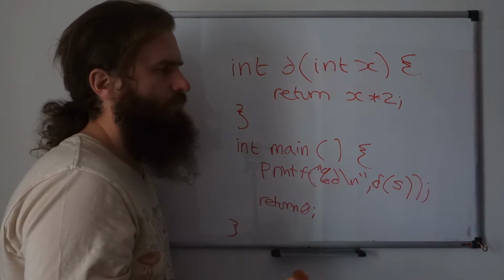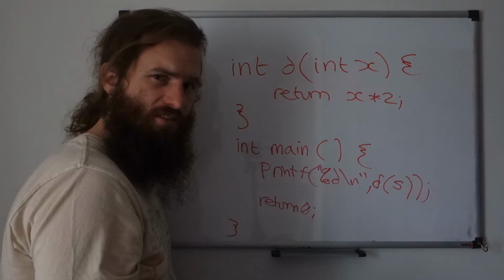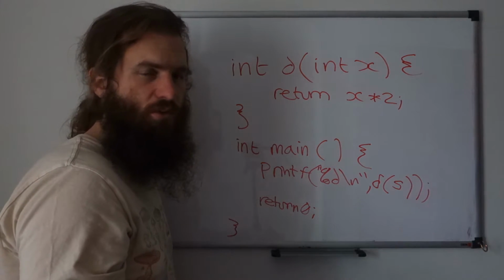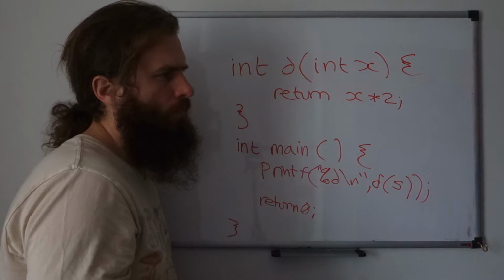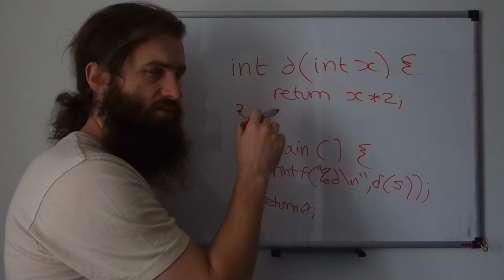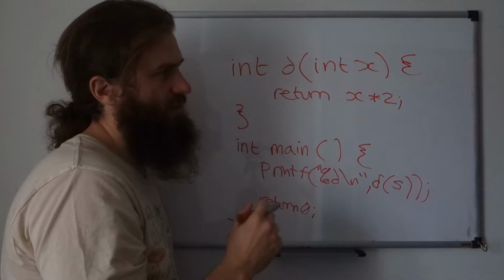And in C, arguments always end up in a function as copies of whatever you pass in. There's something called pointers in C which allow you to manipulate objects that are outside of your function, but this is essentially still passing in a value.